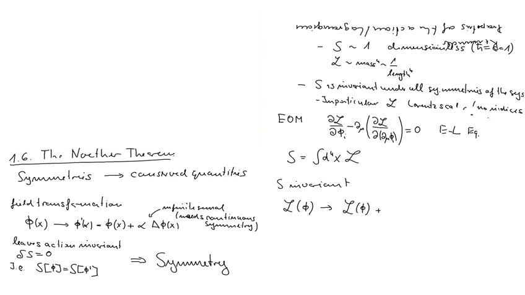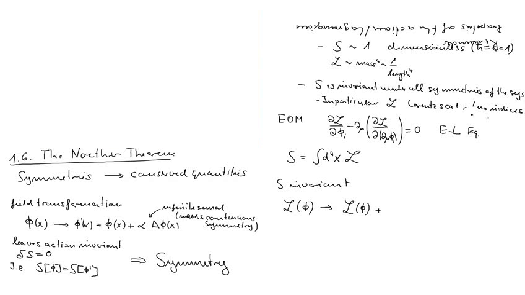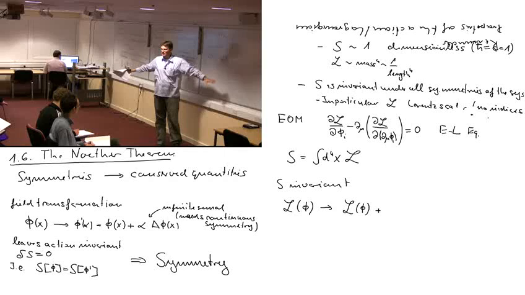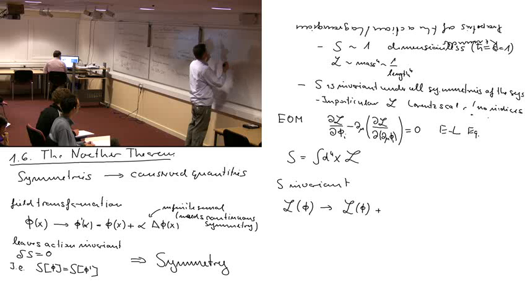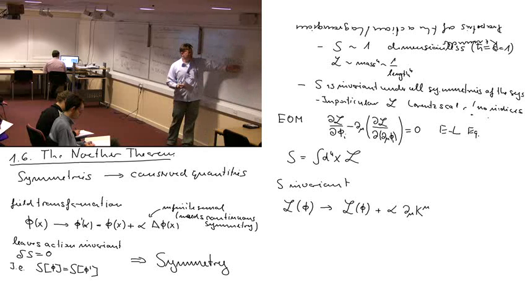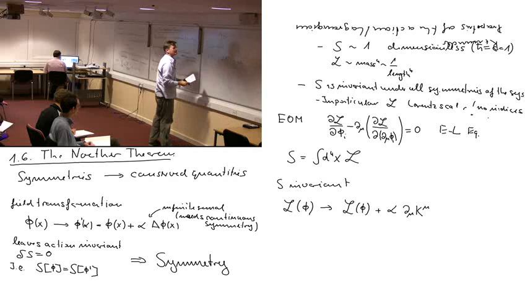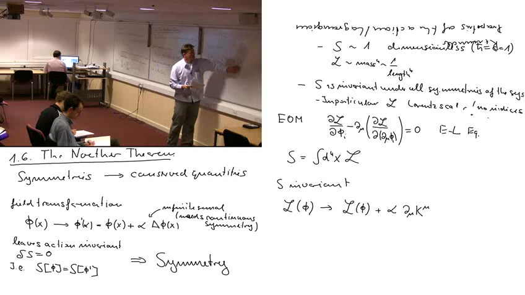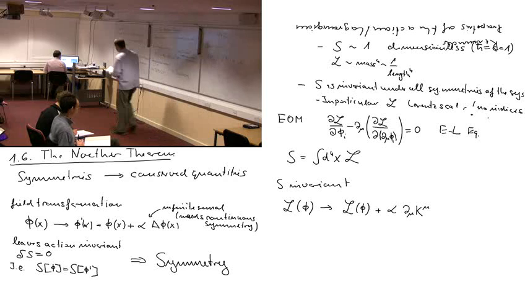But we can add one thing which doesn't affect the integral, and that's the total derivative. Because the total derivative, if all the boundary terms drop to 0 at infinity, doesn't change the integral. So we can add alpha times d mu K mu, where this is the total derivative of some function, or some current function, so to speak. So any change by a total derivative doesn't change the integral.